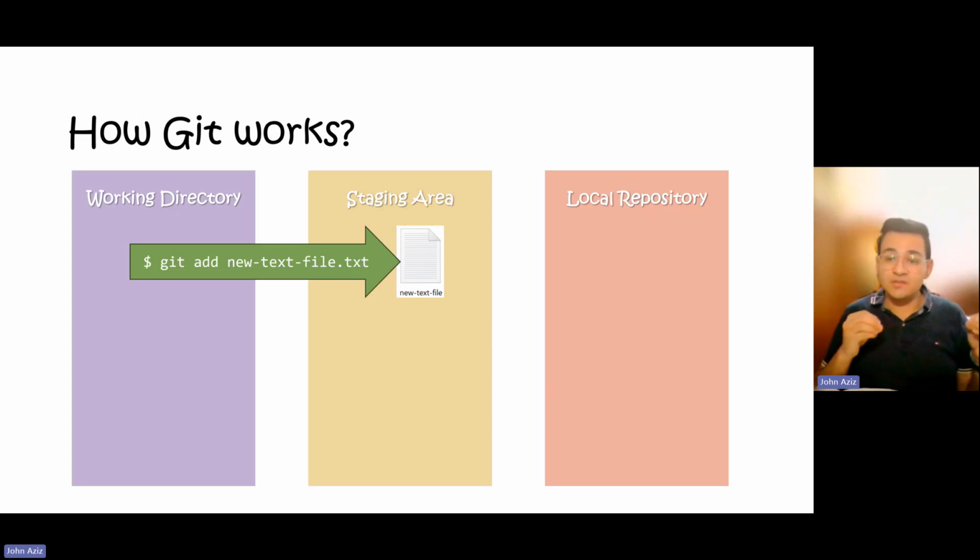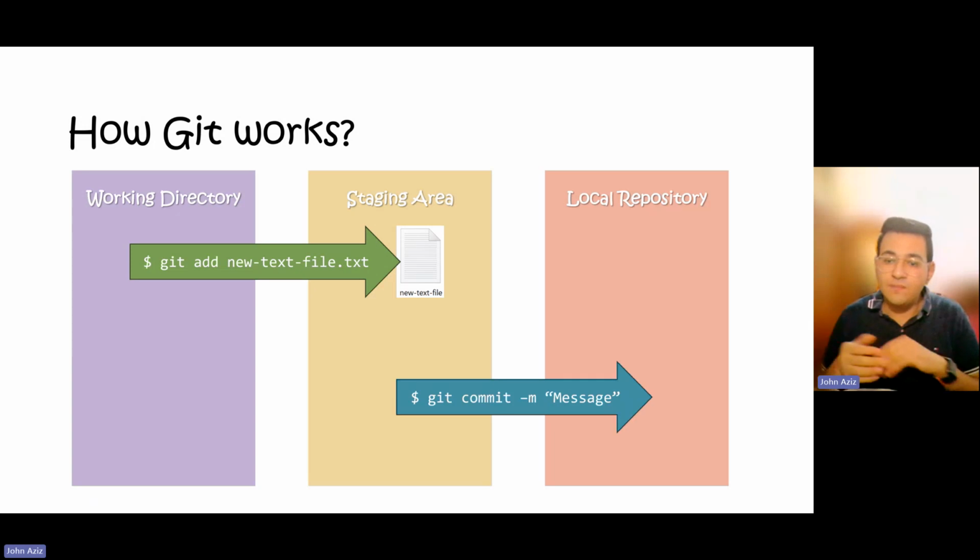So to make the changes saved there, we use git commit and we give it a message. For example, any message you want.